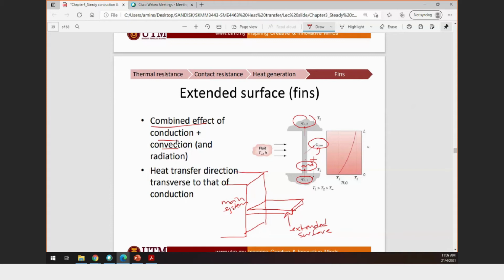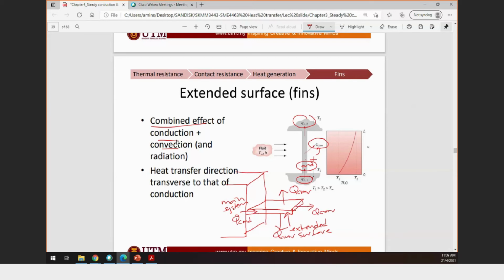So by introducing an extended surface, you may have heat transfer by conduction here, Q conduction, as well as heat transfer by convection if it is exposed to the environment or the surroundings.